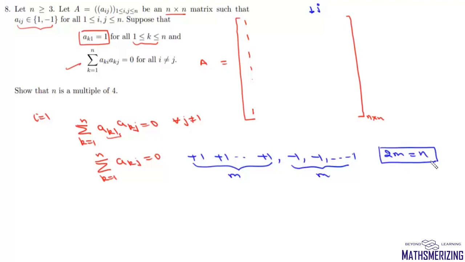So we have proved that this n is at least an even number. Now in this expression, if I put j as 1, then we get aki into ak1, and ak1 is again 0. That means for any column i, again it will have m plus 1s and m minus 1s.